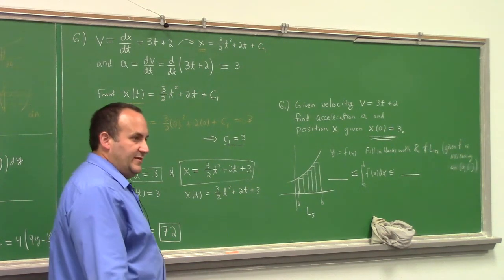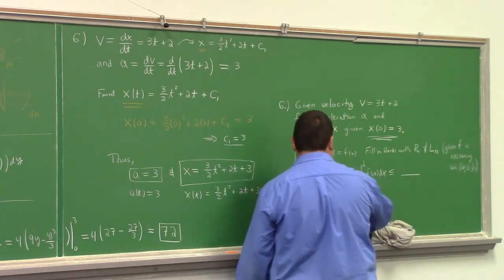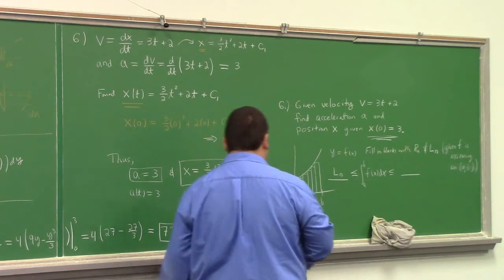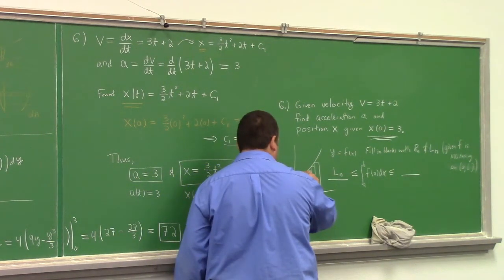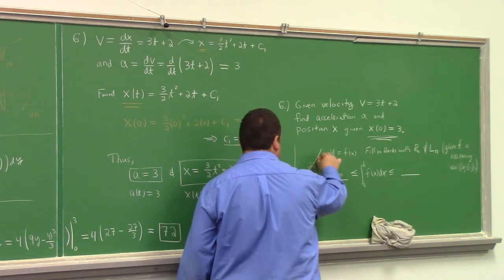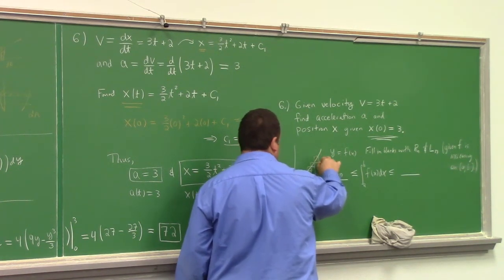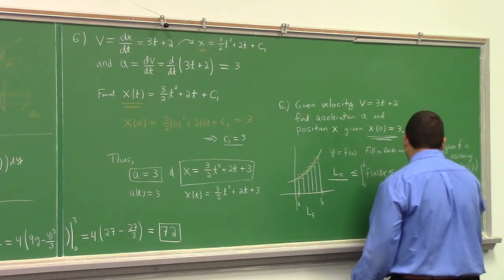It's an underestimate, right? So we put Ln over here. What does the right endpoint rule look like? Well, the right endpoint rule is this one. It's an overestimate, right? So we put Rn.